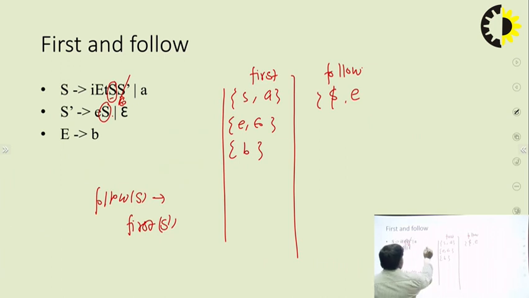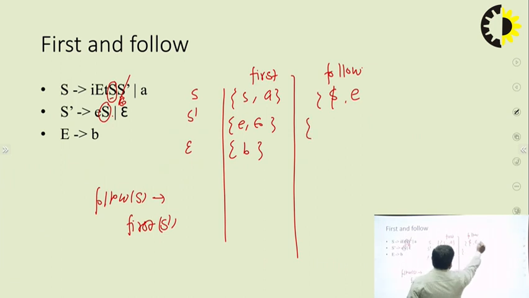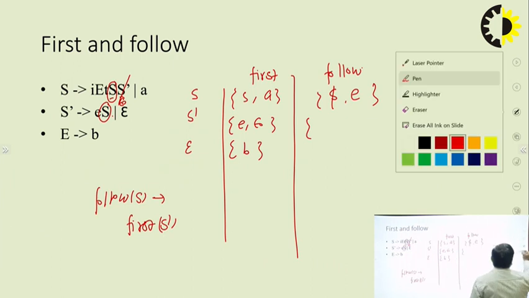Okay, here is S dash and E. The first of S dash and the first of E. And similarly, now what is the follow of the S dash? S dash comes in only a single production.